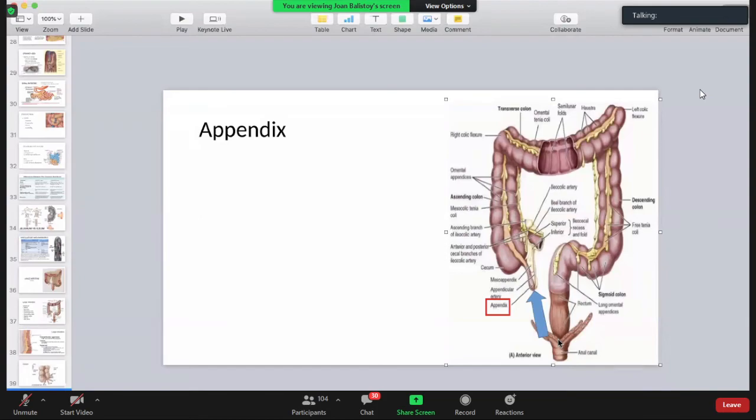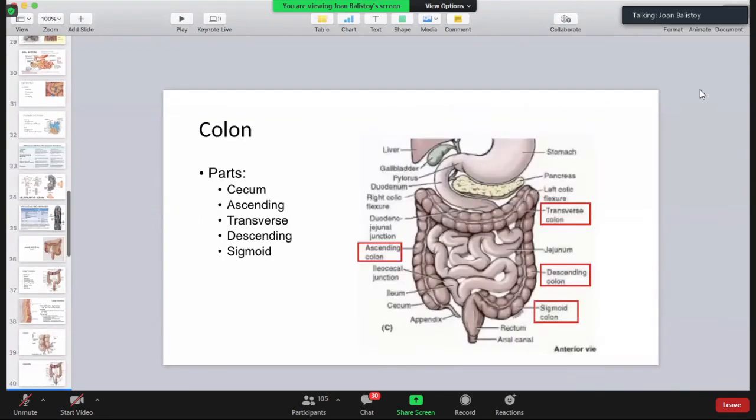The anal canal, this is the anal canal, is the inferior opening of the gastrointestinal tract in the perineum. So that's the rectum. Let's go to the anus.